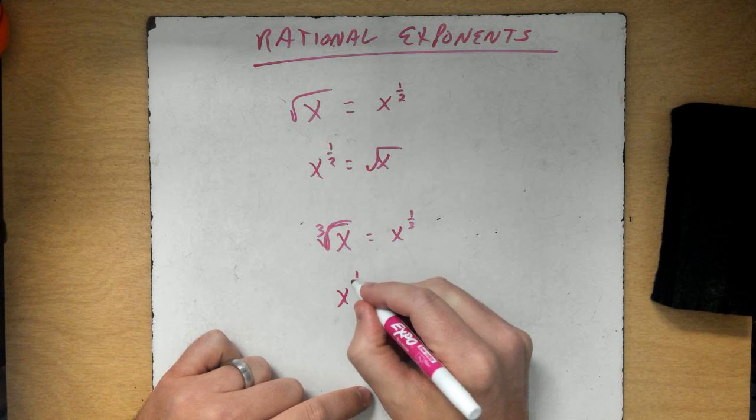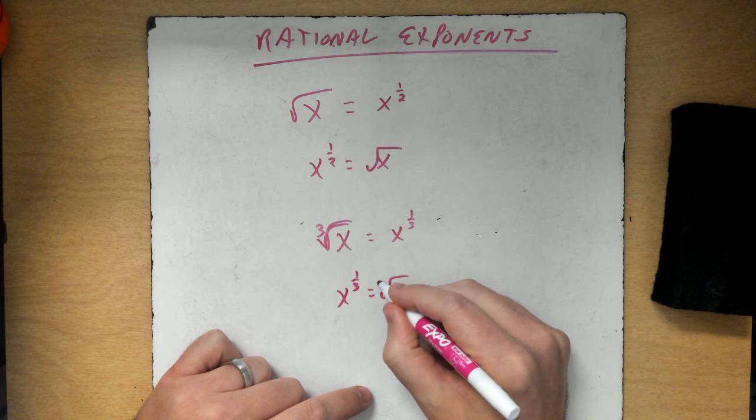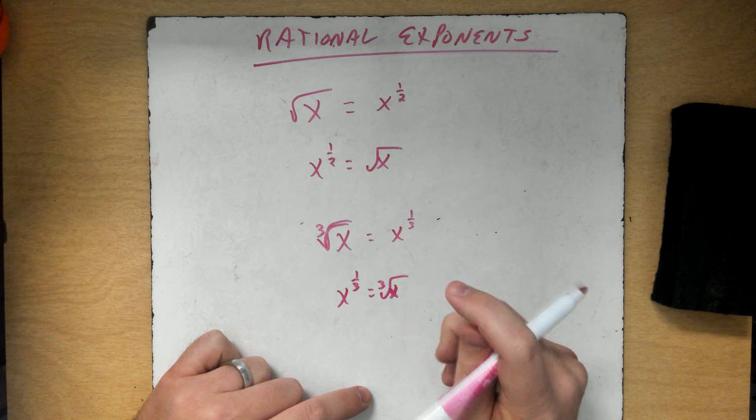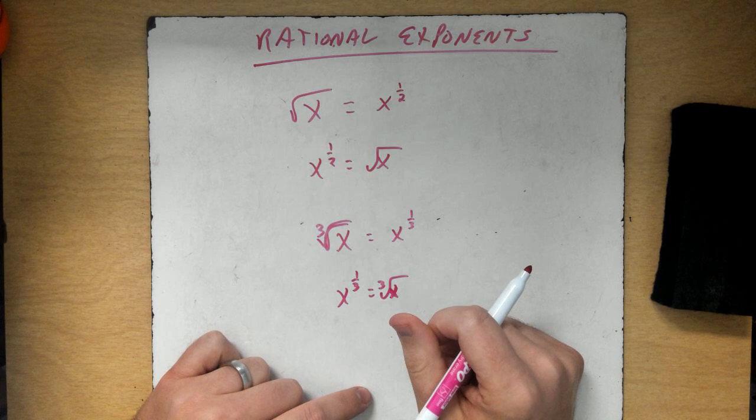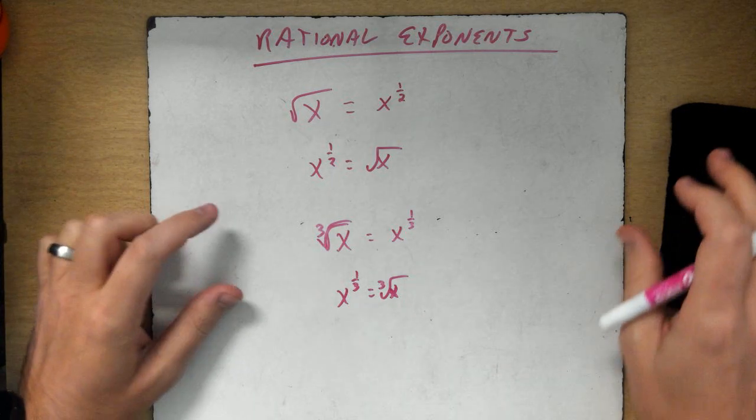Same thing, x to the 1/3 is the same as saying the cube root of x, okay? So they interchange back and forth.